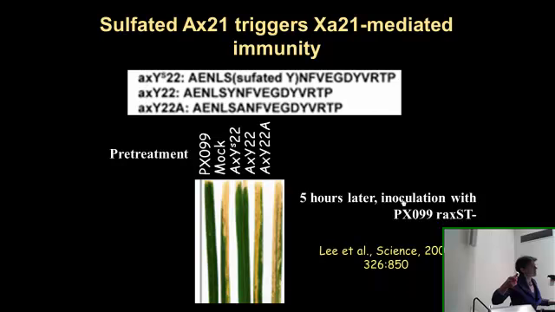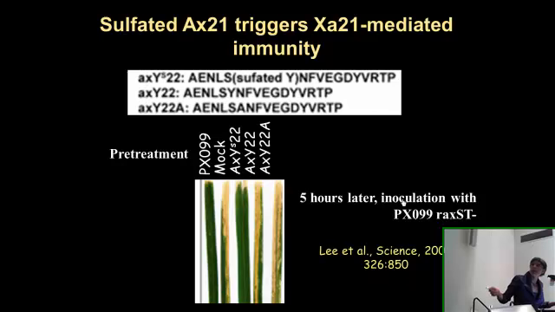We wait a few hours, and then we inoculate with a strain that can usually cause disease. And when we pre-treat with a supernatant from a wild-type bacterial strain, and 5 hours later inoculate with this mutant strain, you can see that the supernatant induces robust resistance. When we pre-treat with water, the plants are completely susceptible.